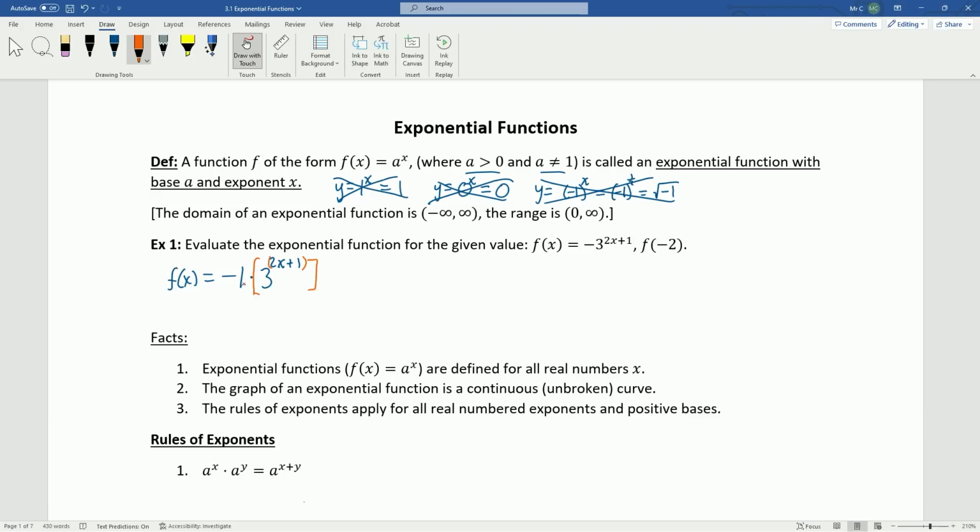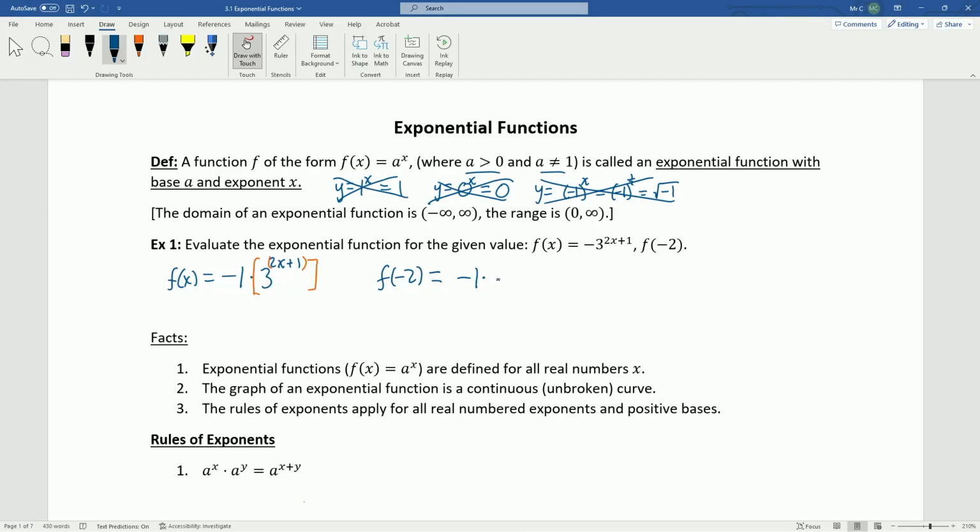The negative is applied after, because in the order of operations, exponents come before multiplication. So this multiplication by -1 occurs after the base has been evaluated, this exponent. So this is still an exponential function. It's a transformation on an exponential function, but it's still exponential because the base is still a positive number other than 1.